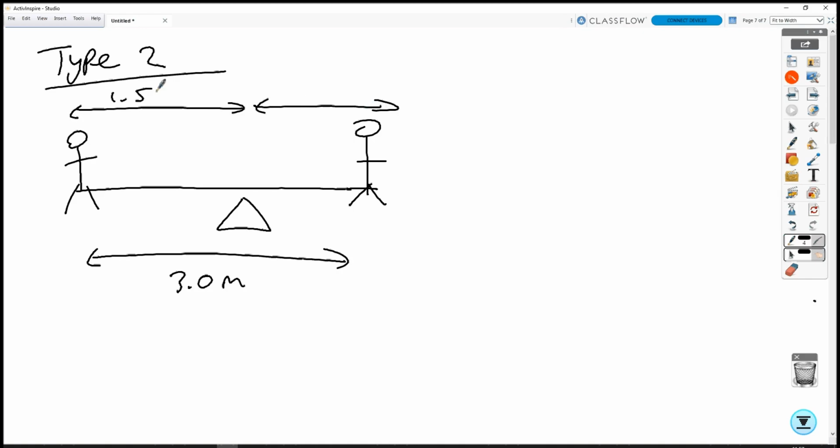And each of these separations are 1.5 meters apart. If this person is 50 kg, and the next person is a small child, say 20 kg, this system is not in equilibrium, because the clockwise and anti-clockwise moments are not equal. So, not in equilibrium.